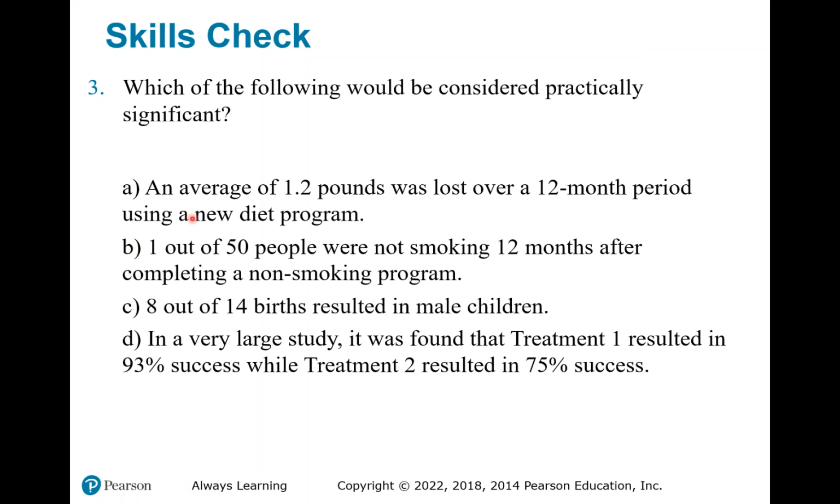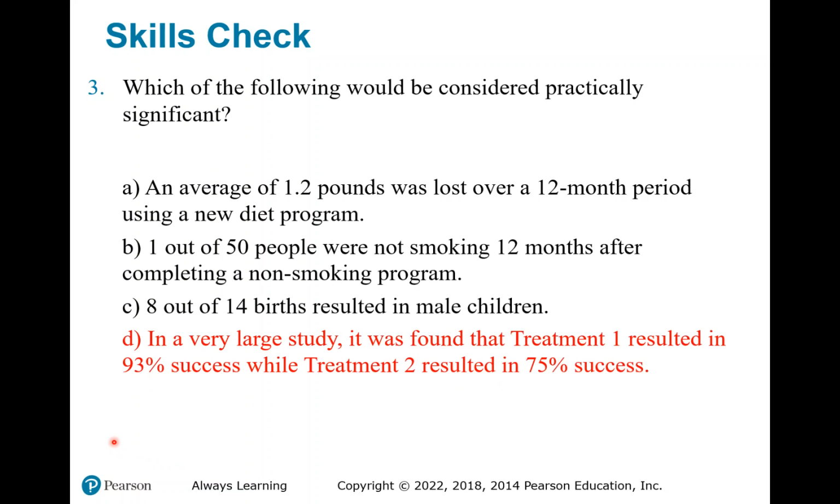Is that practical? 8 out of 14 births resulted in male children. In a very large study, it was found that treatment 1 resulted in 93% success and treatment 2 resulted in 75% success.